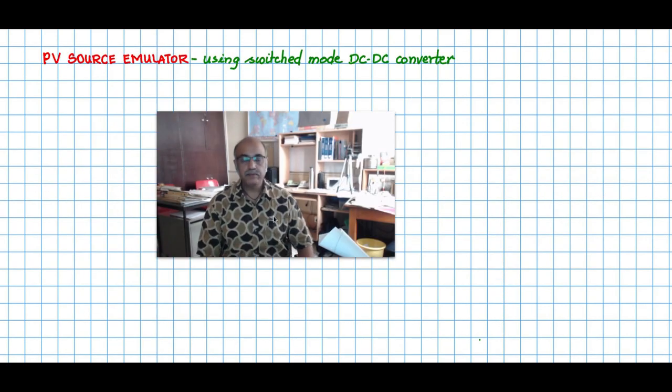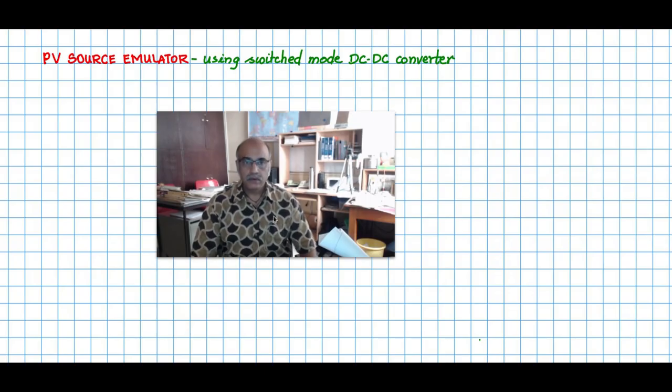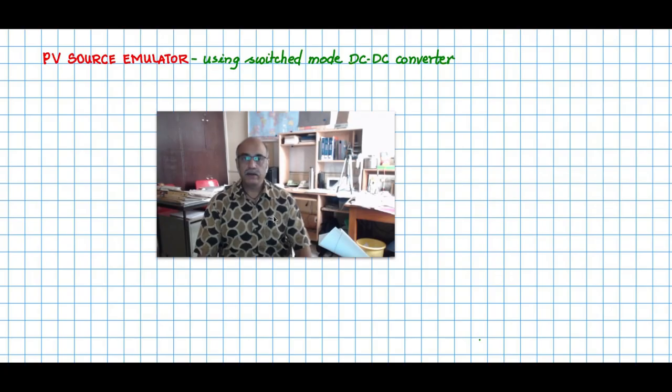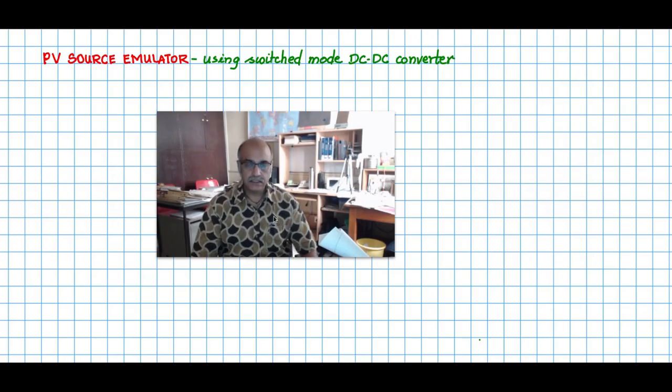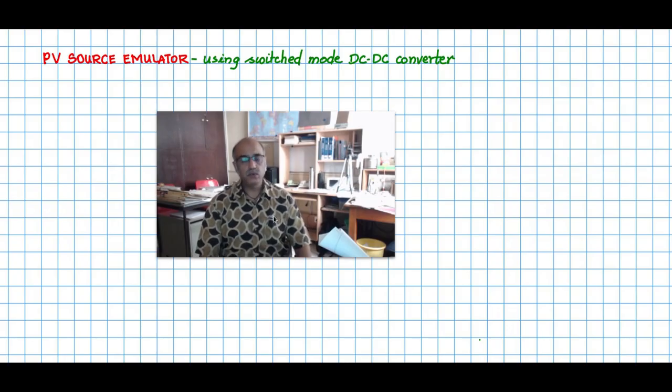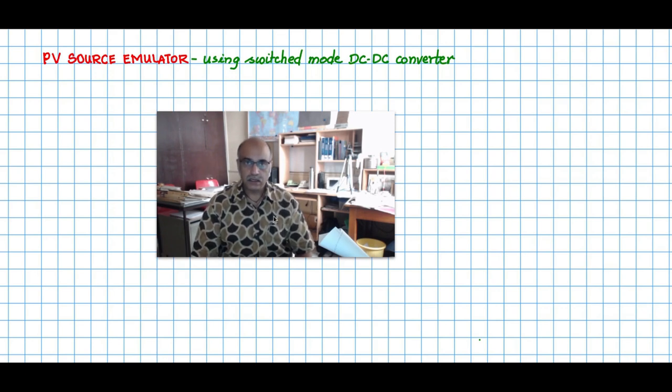I will describe to you now a switched mode DC-DC converter based PV source emulator. You see, the previous circuit, which was simple and easily could be implemented, had one major drawback, that is that it was very inefficient, a lot of loss in that series resistance RS, and not only that, the quality of the IV characteristic was poor.